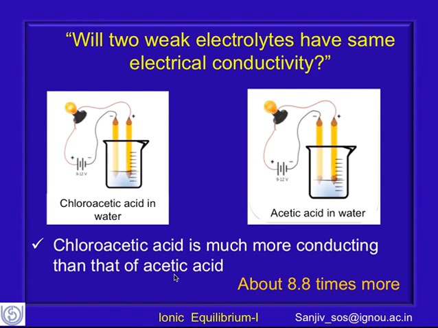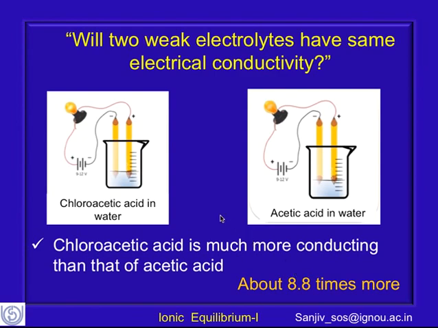We will see later that for equal concentrations, say 0.1 molar of each, chloroacetic acid will be about 8.8 times more conducting. That means there are 8.8 times more ions, because more ions means more conduction.